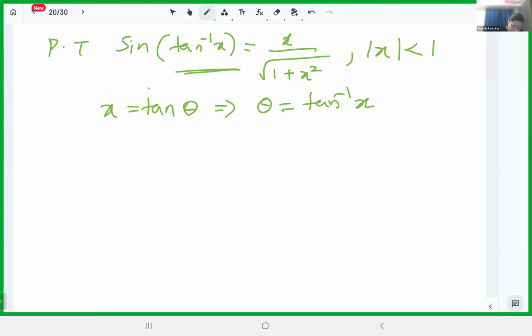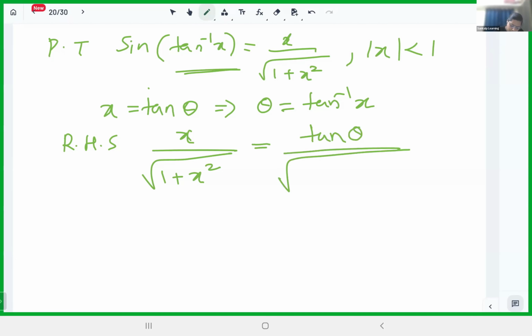Now consider the RHS. What is RHS? X by root of 1 plus x square. X is nothing but tan theta, divided by root of 1 plus tan square theta.